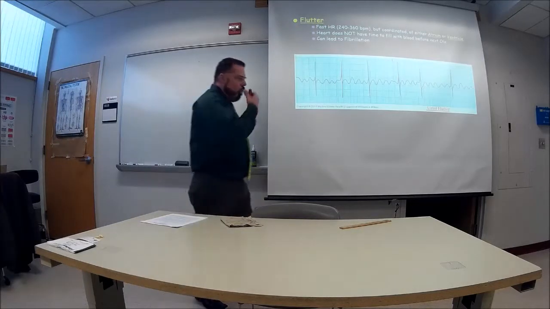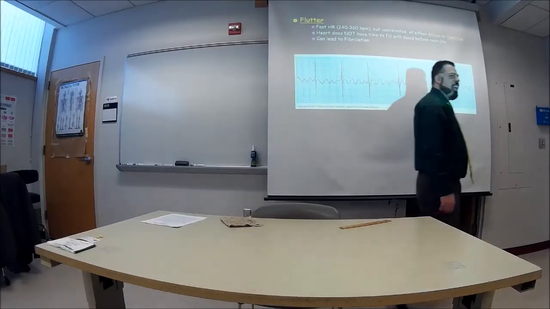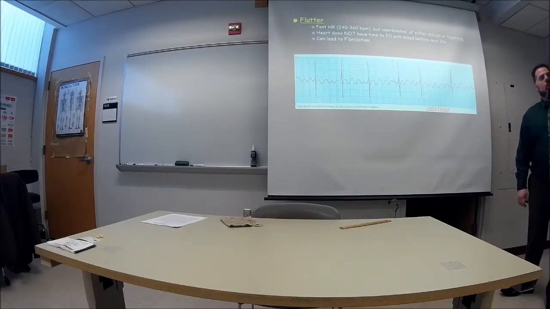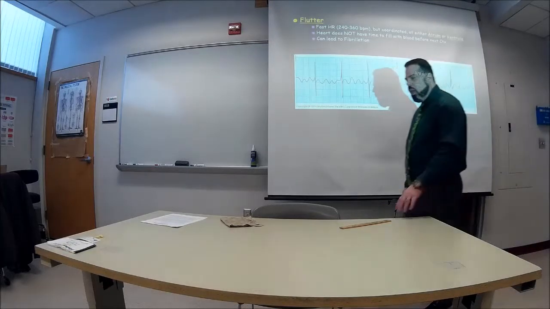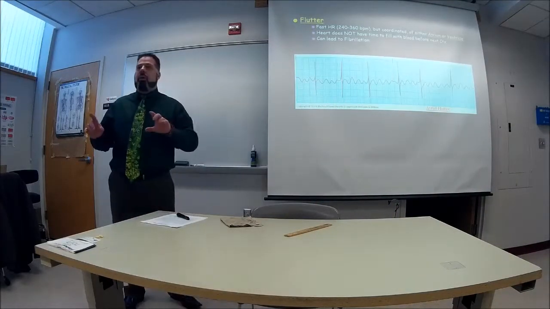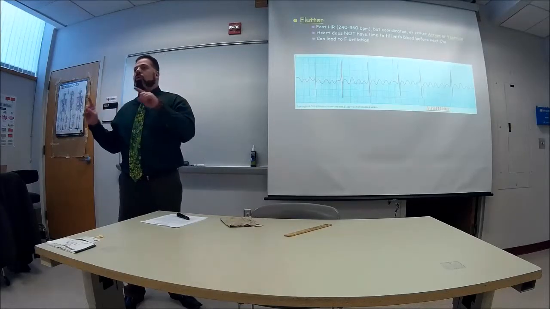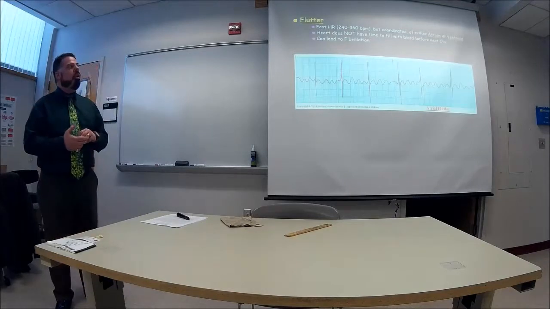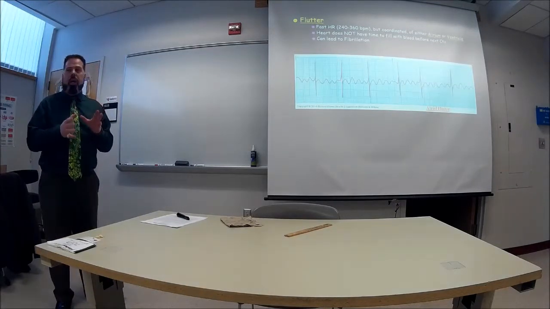Then we have something called a flutter. A flutter is a fast heart rate, usually 240 beats per minute to 360 beats per minute, not higher than 360. And it usually can happen in the atria or the ventricles. And the heart doesn't have time to fill. It's coordinated. It's regular.